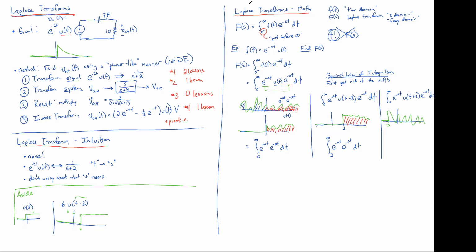But where do we want to integrate? Where do we want to start to integrate that? We still want to start at 0, don't we? We still want to start at 0 because the equation says you're only going to do it from 0. So it's going to be the integral from 0 to infinity of e to the minus at, e to the minus st, dt. Yep, correct.